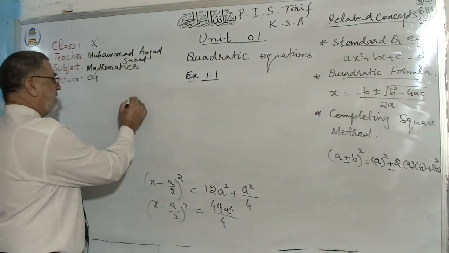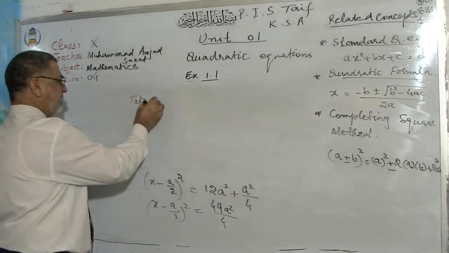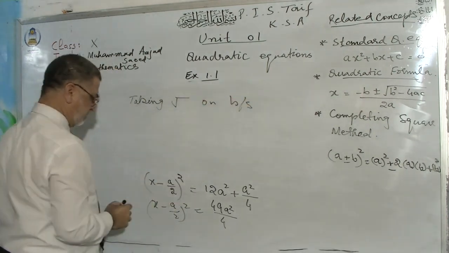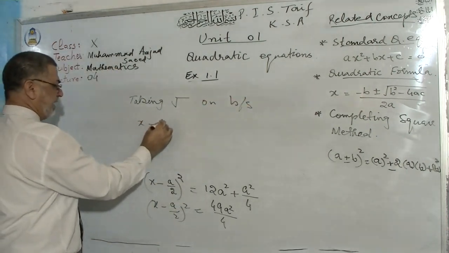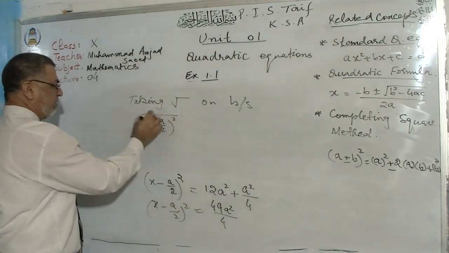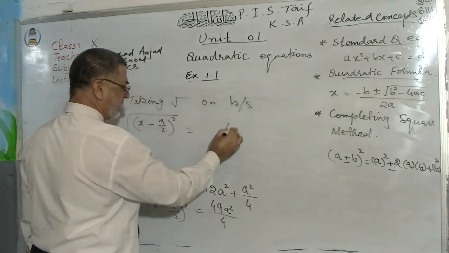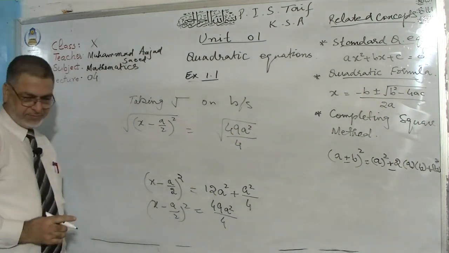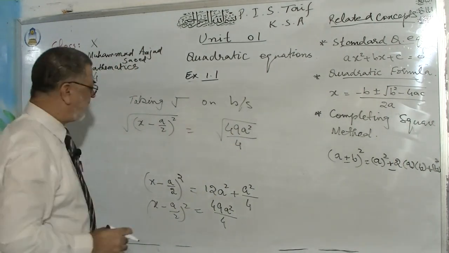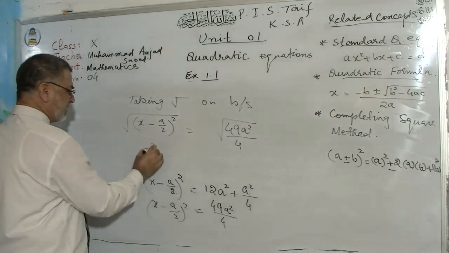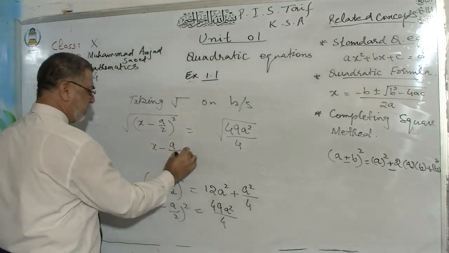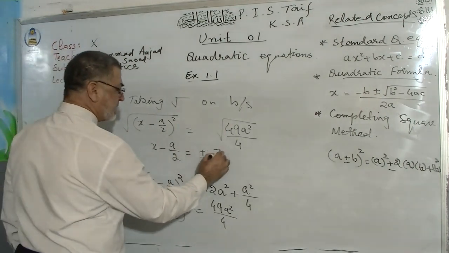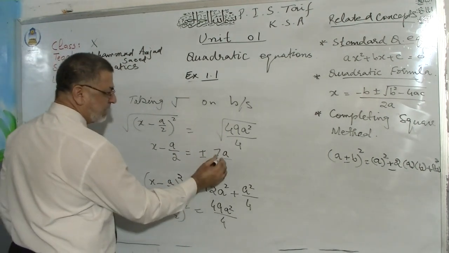So taking square root on both sides: x minus a over 2 whole square under root is 49a square over 4 whole under root. Here the 2 and the square root cancel out. x minus a over 2 is equal to plus minus 49a square will be 7a, and 4 will come out as a 2.